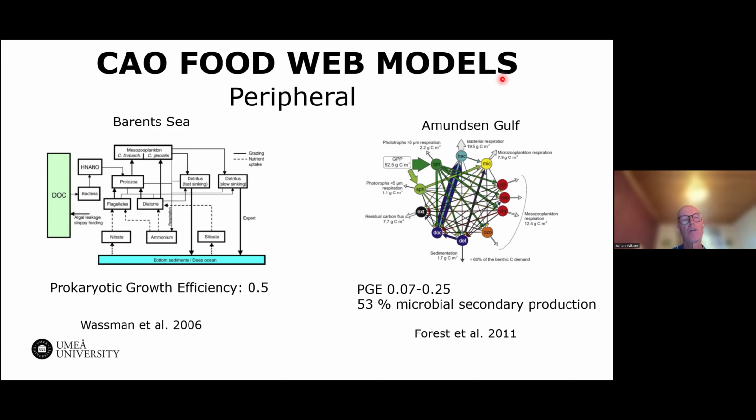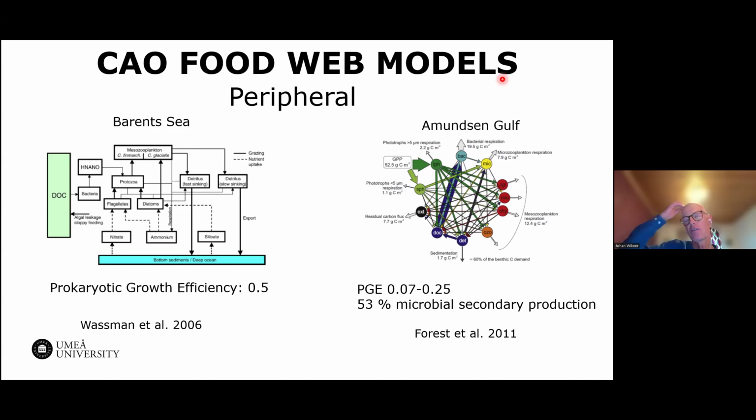We have one model to the left there for the Barents Sea, which was published by Wassmann et al. 2006. When we looked at the prokaryotic growth efficiency they used there, it was 0.5, so 50% of the assimilated carbon can be transformed to biomass and half to carbon dioxide. That's a little bit high in my perspective if you consider the current estimate for the oceans in general, which is more like 10%. So there might be a need to look at that and possibly revise that.